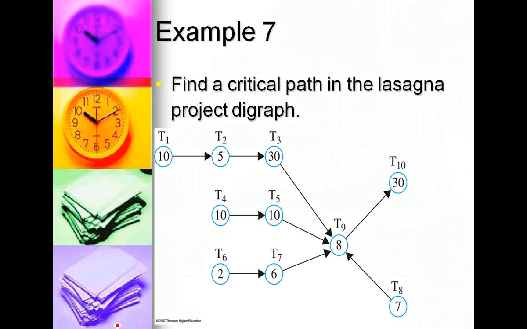So in this case, we want to find the critical path for the lasagna. So we have T1, T2, T3, T9, T10, T4, T5, T9, T10, T6, T7, T9, T10, and T8, T9, and T10.